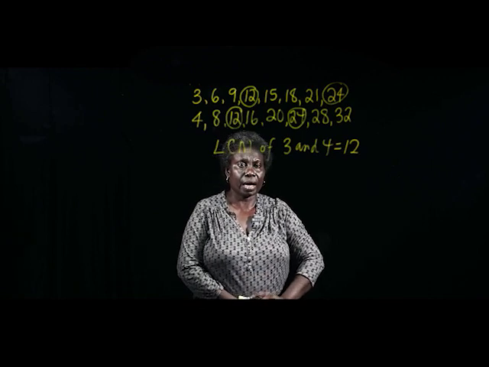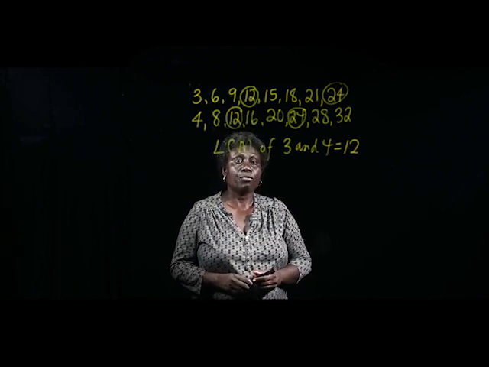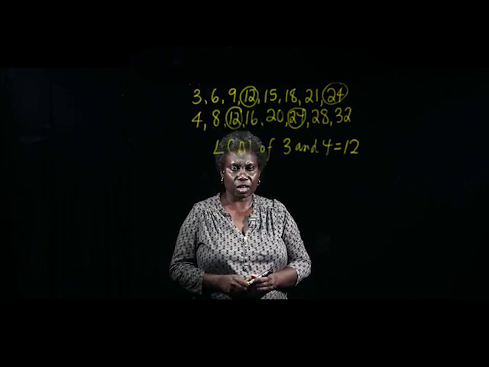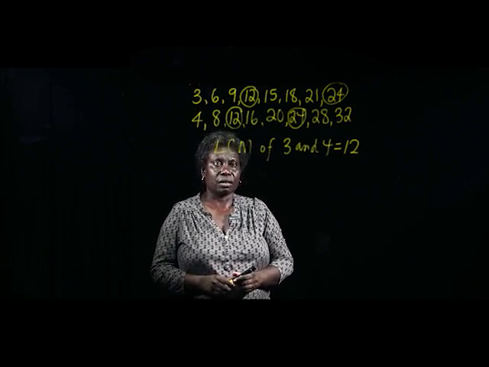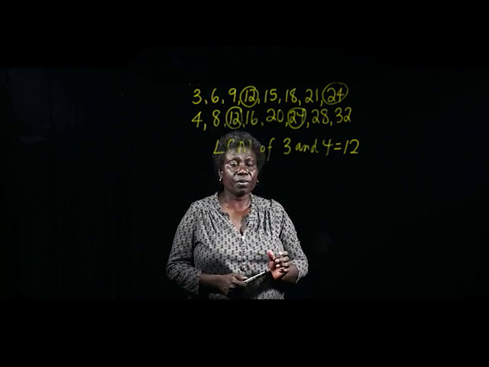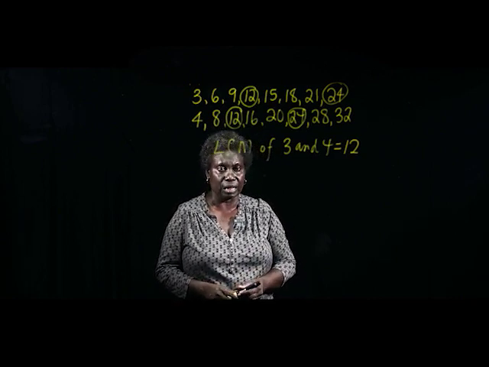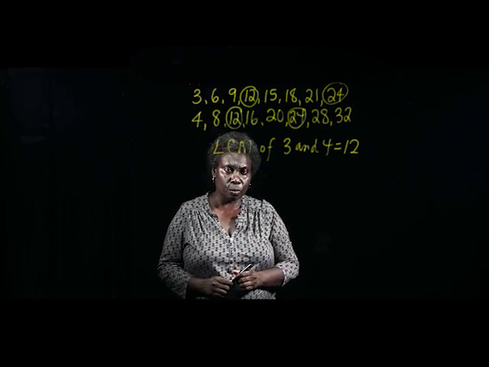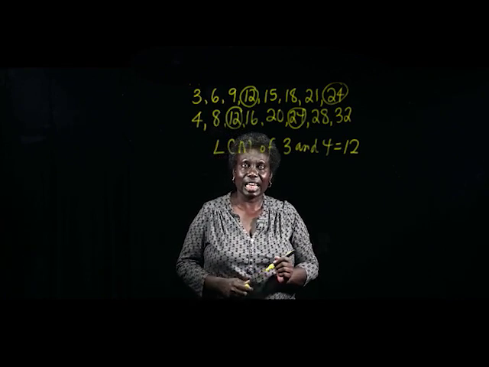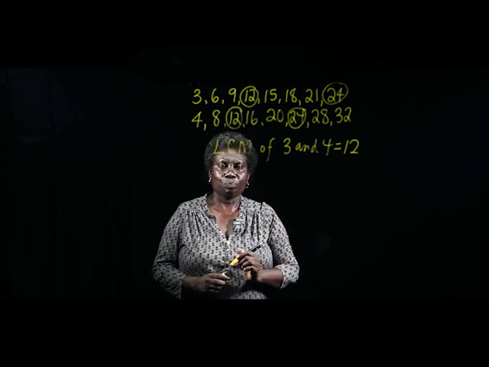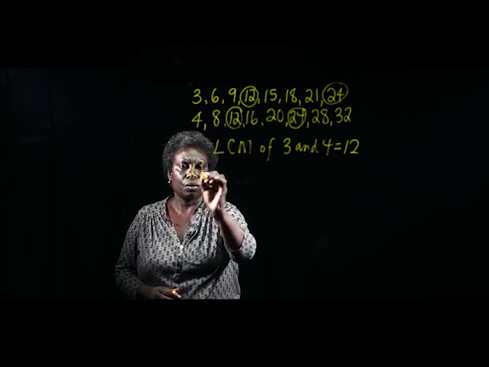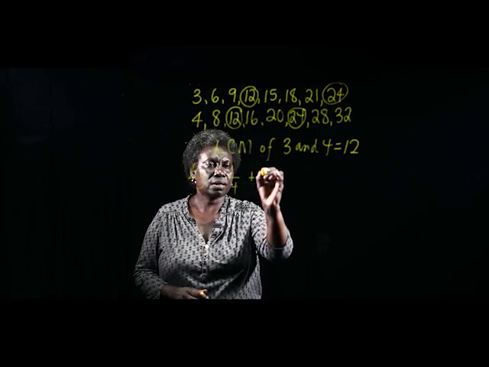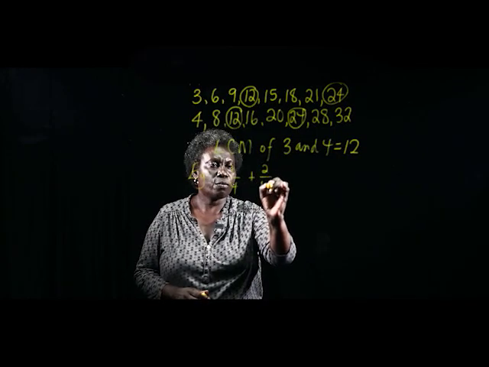Now, we are going to go straight to fractions. We will add and subtract fractions. But when we add and subtract fractions with different denominators, that's when we are going to use the lowest common multiple. Let's look at the example: 1 over 4 plus 2 over 4.